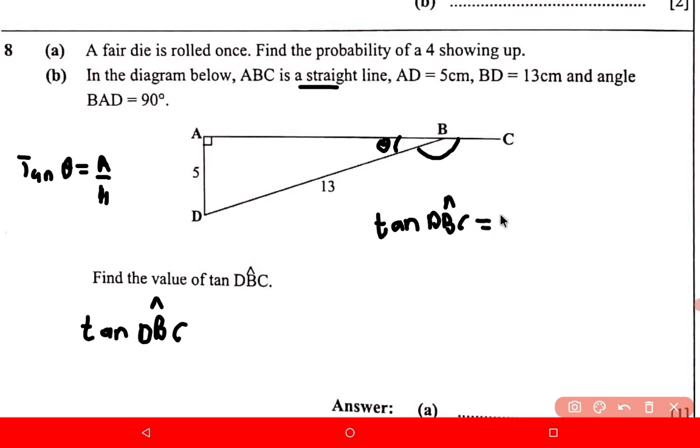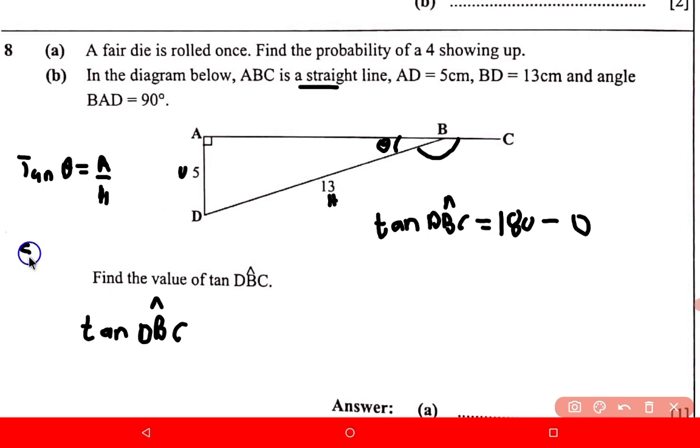So we say 180 minus this theta. Now for this theta, we have the opposite and the hypotenuse.